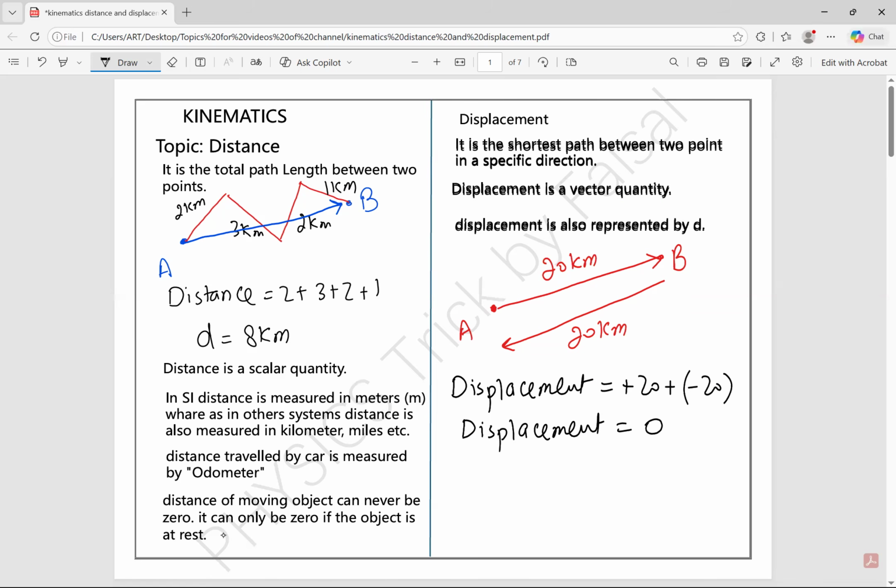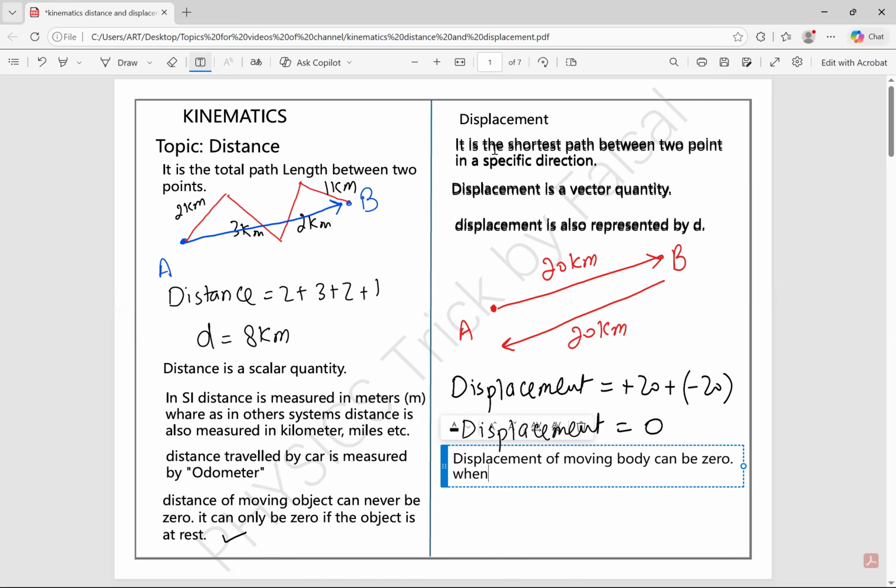So we discussed this point here that distance of moving object cannot be 0, but the displacement of moving body can be 0. So I'm going to write this point here that displacement of moving object या moving body can be 0. और ये कब 0 हुआ?